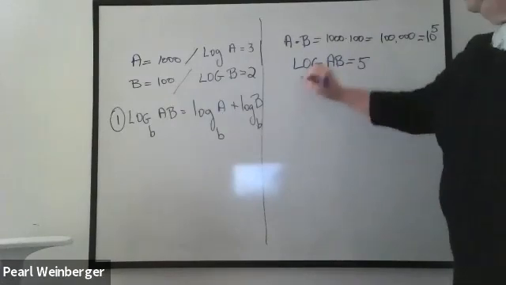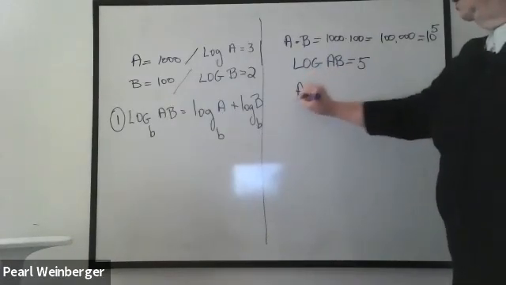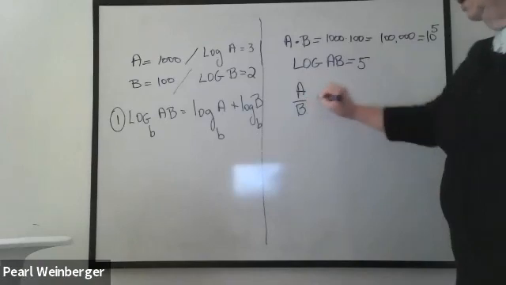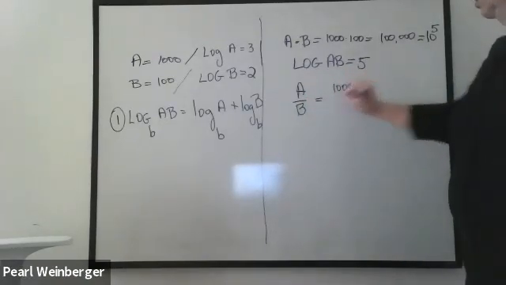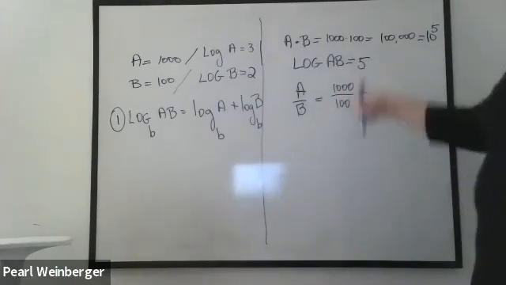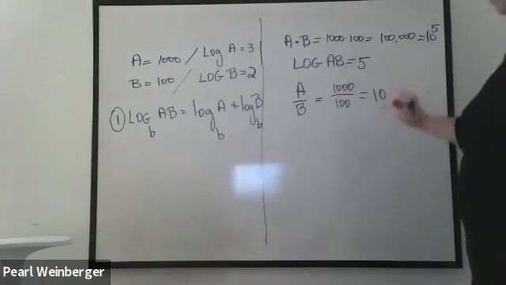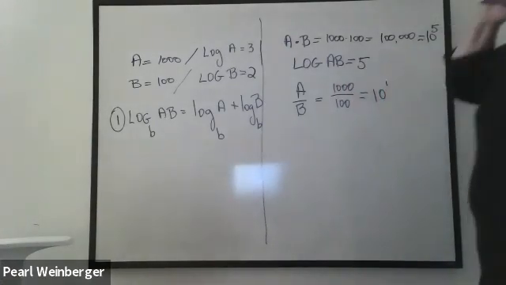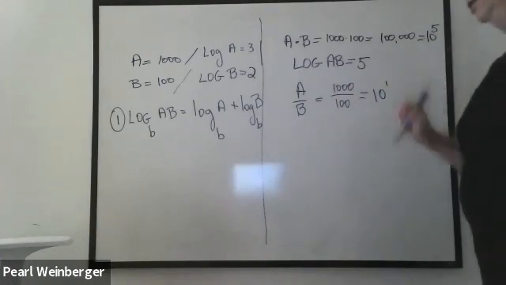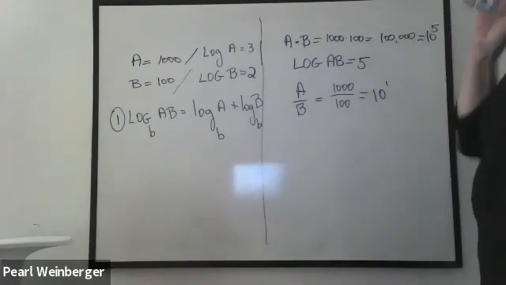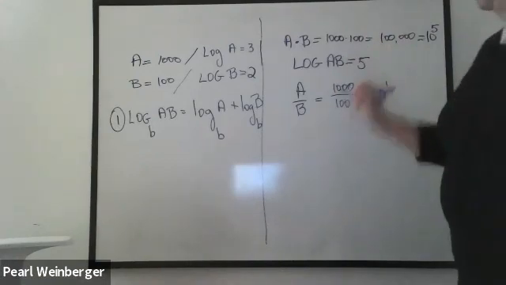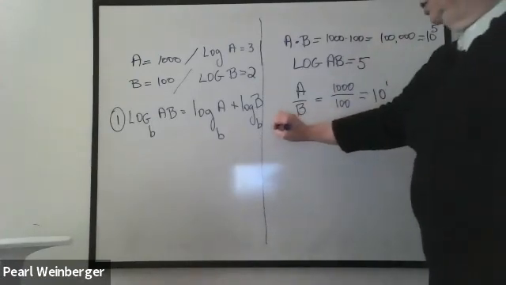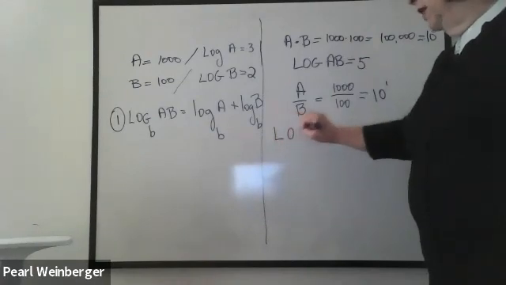Now what if I did a divided by b? In that case, I would be doing 1,000 divided by 100. And I know when I divide 1,000 by 100, my answer is 10, which is 10 to the 1. Just putting in the exponent. So now let's look at it from the log point of view.